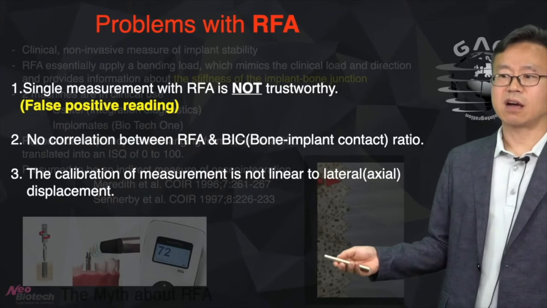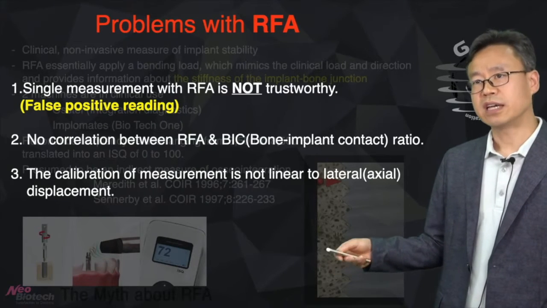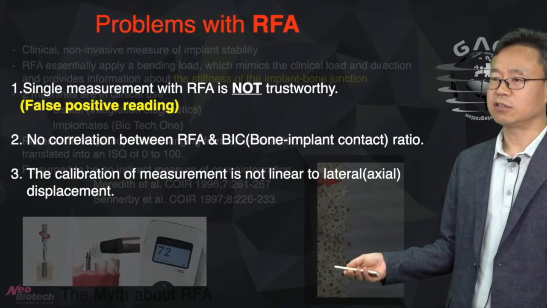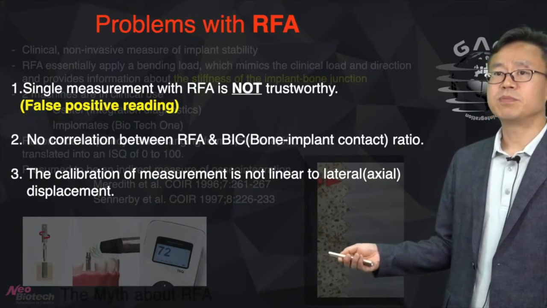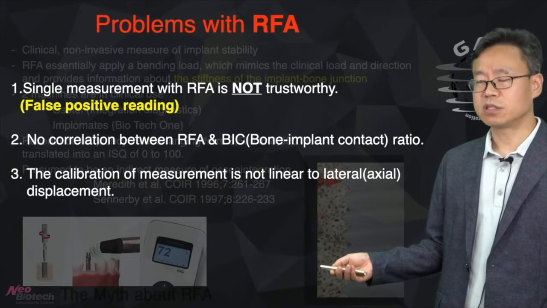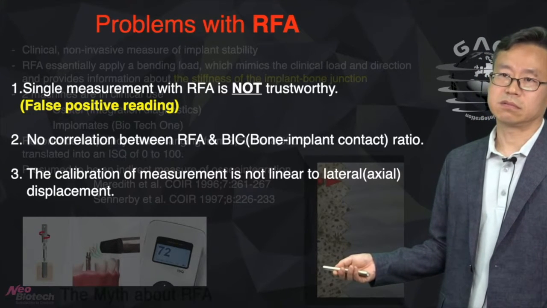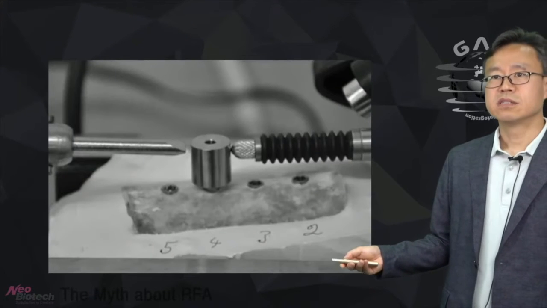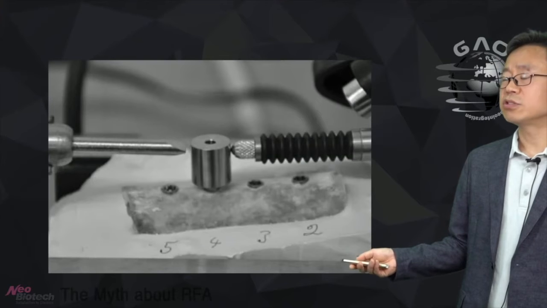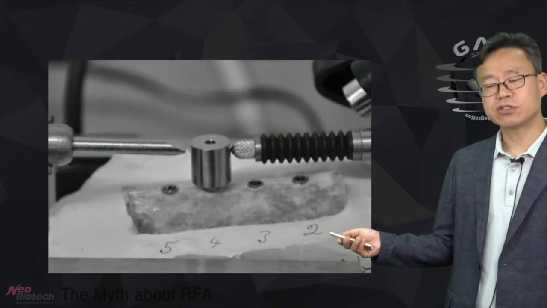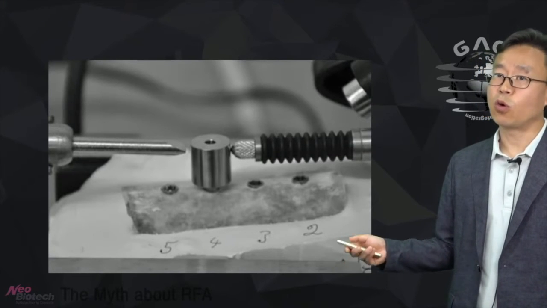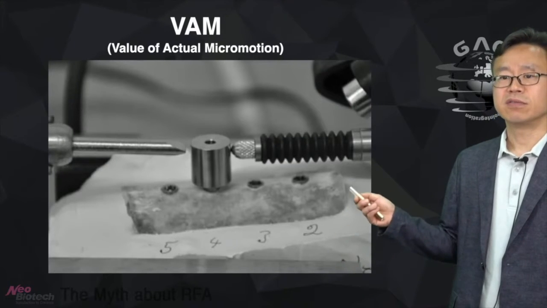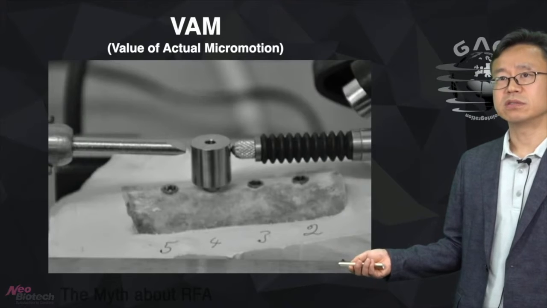Lastly, the RFA value, the ISQ, does not properly or linearly, to be precise, represent the actual mobility or stability of implants. Some studies looked into the relationship between ISQ and actual micromotion or micromobility of implant.